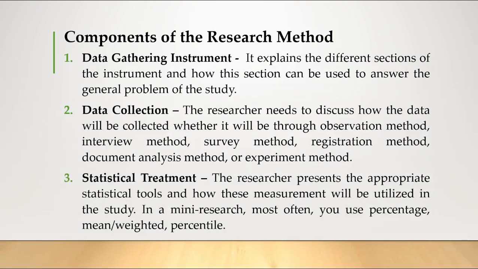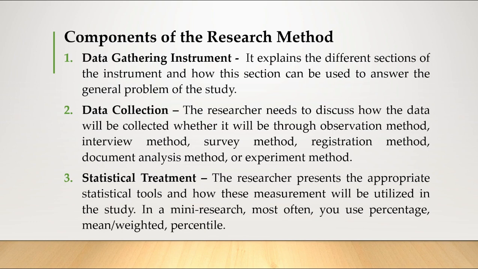Components of the research method. First, data gathering instrument. It explains the different sections of the instrument and how the sections can be used to answer the general problem of the study. Instrument used to collect, measure, and analyze data related to your research interests.